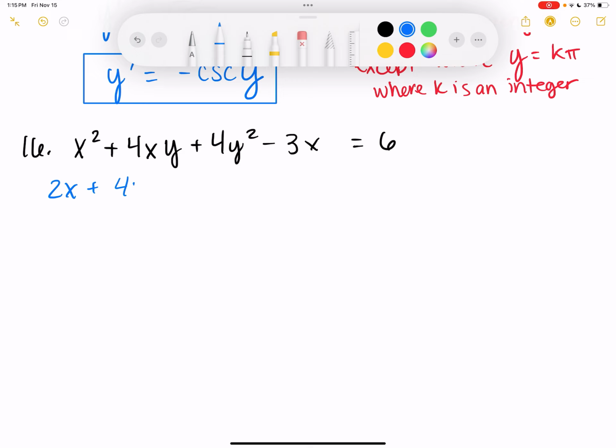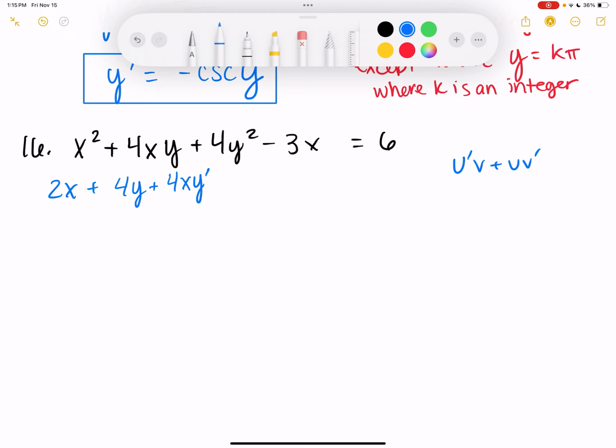Plus 4, now what's the product rule say? Well, okay, we're doing the product rule a little bit backwards, but u prime v plus u v prime. So like what, 4y plus 4xy prime? Yes. Okay.